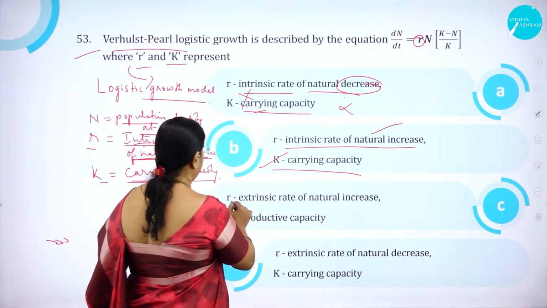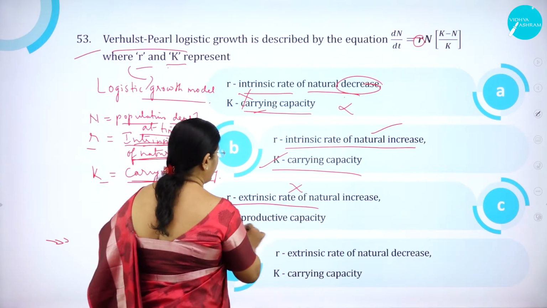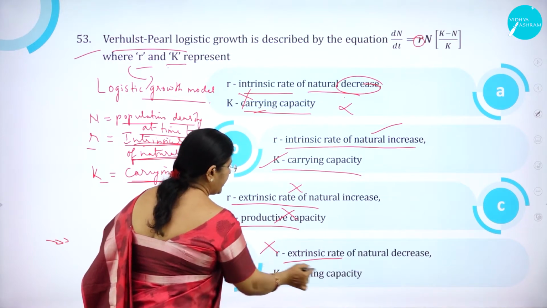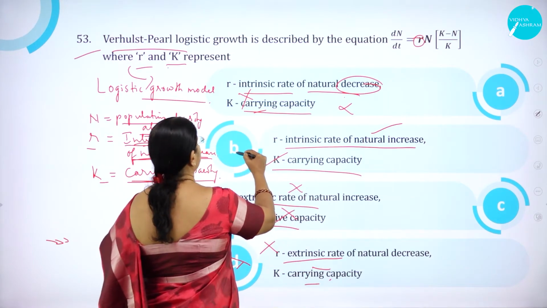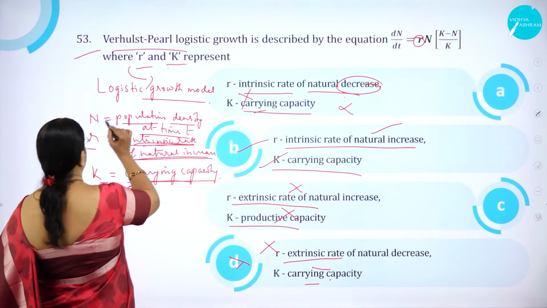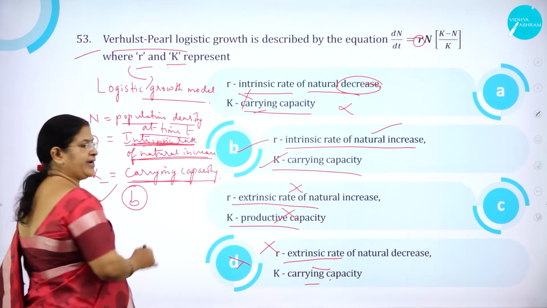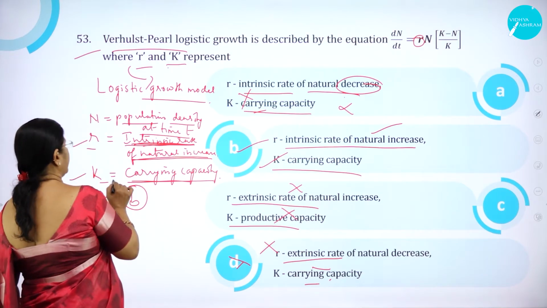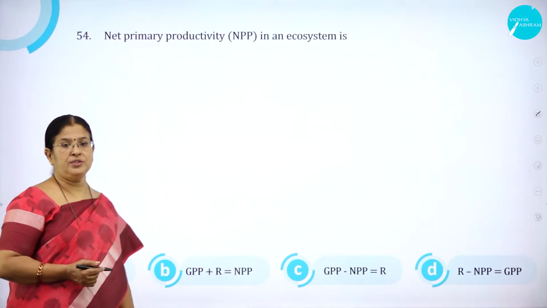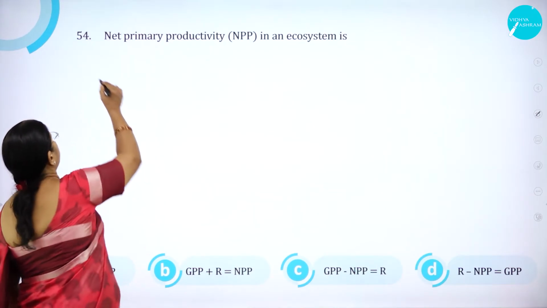Then C, r extrinsic rate, wrong. K productive capacity, wrong. D, r extrinsic, wrong. K carrying capacity. So option B is correct. Moving on to question number 54.